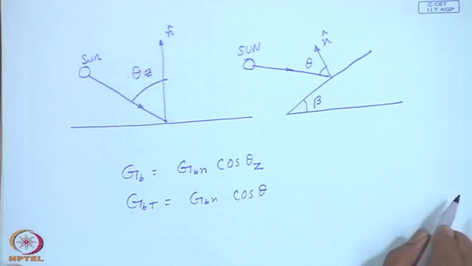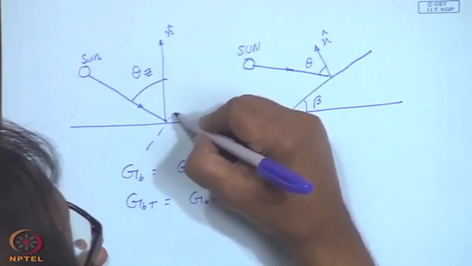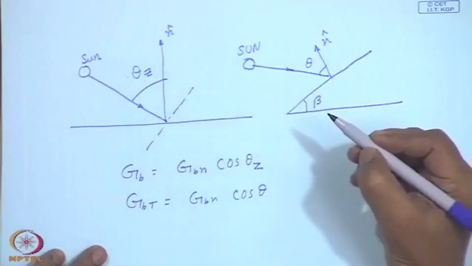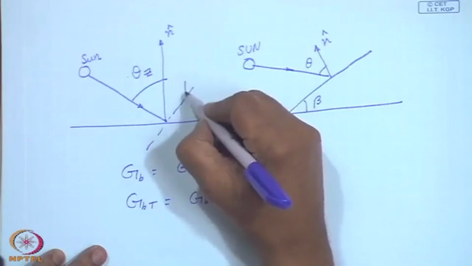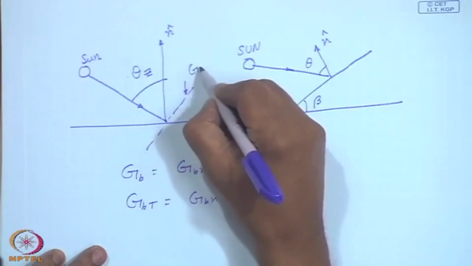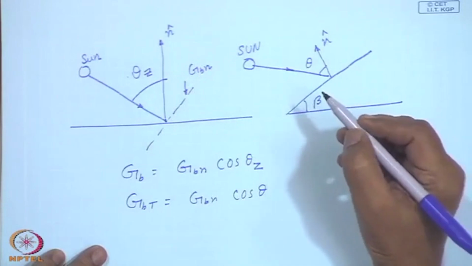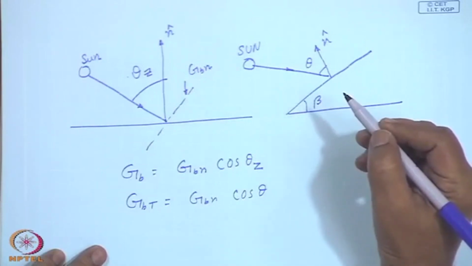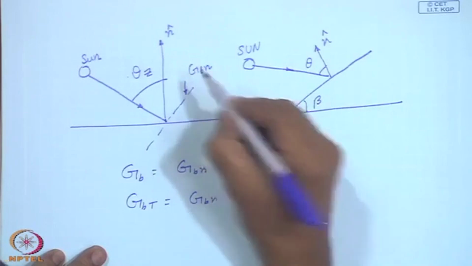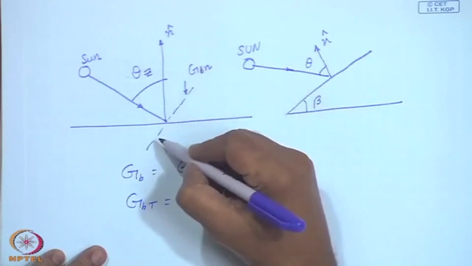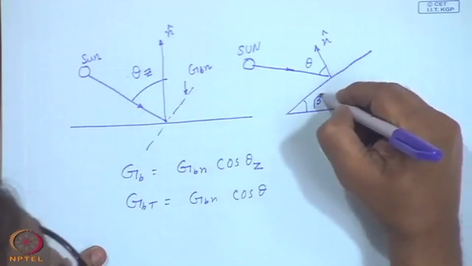So, what I shall do is, if I draw a plane perpendicular to the sun's ray, this is GBN, right, according to our notion. GON was the corresponding extraterrestrial value. Now, I will call it GBN, the terrestrial value of the direct radiation normal to the sun's ray.